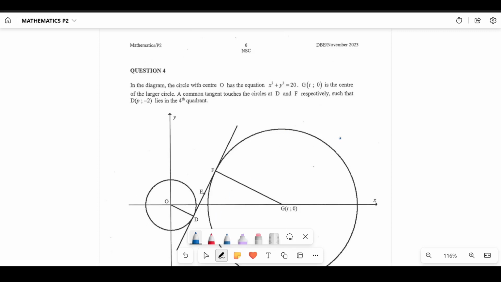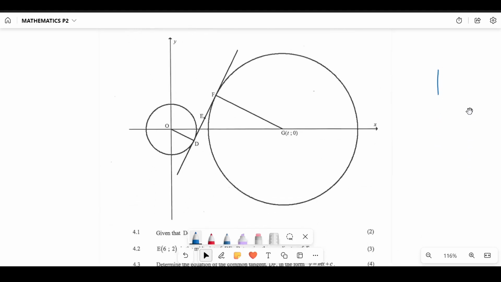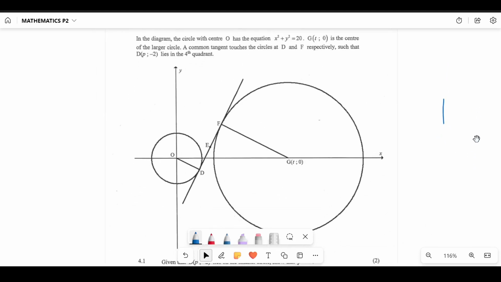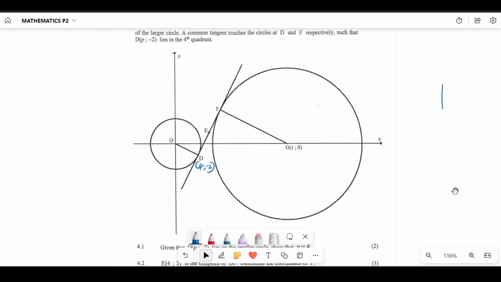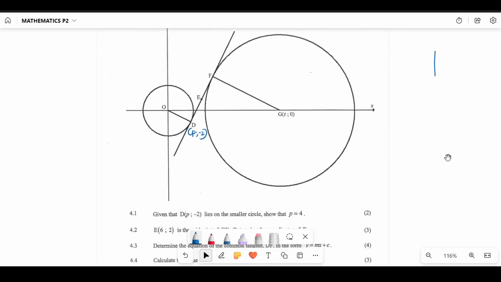This is not marked here, so our first step is to mark the point D, which is (p; negative 2). Make sure that everything given in the question is marked in the diagram, and it lies in the fourth quadrant.